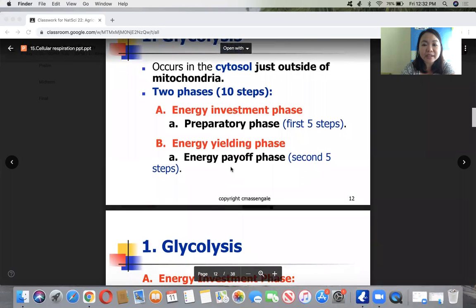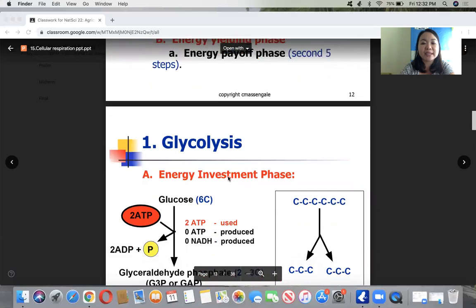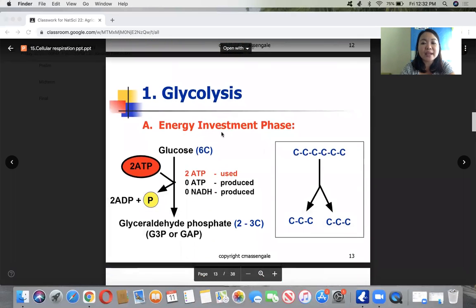And next is the energy yielding phase, wherein the second 5 steps occur for the energy payoff phase. So this is the energy investment phase wherein the glucose is converted to G3P or glyceraldehyde phosphate, a 3 carbon product, at the expense of 2 ATP.